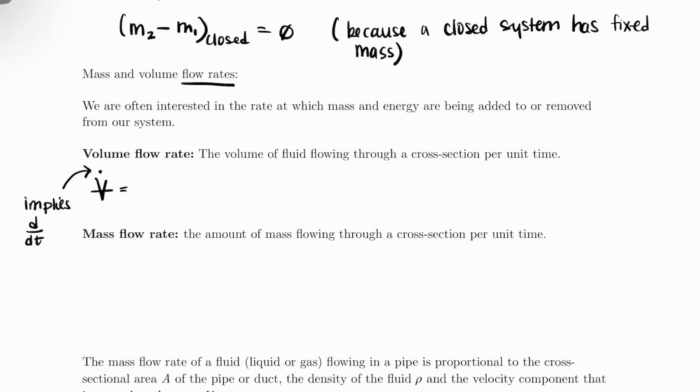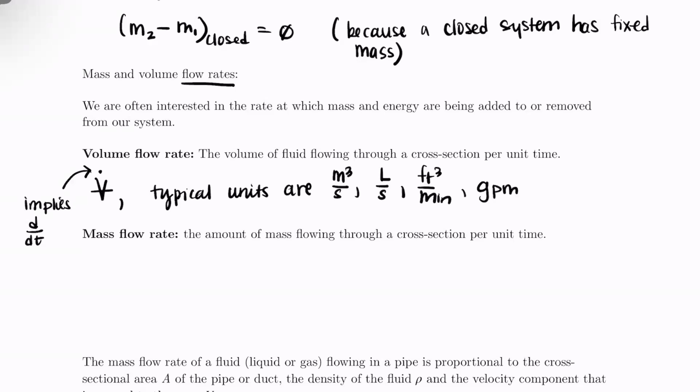Typical units are cubic meters per second, liters per second, cubic feet per minute, GPM, which is gallons per minute, and so on and so forth. Hopefully you're all very familiar with volume flow rate after lab 1.